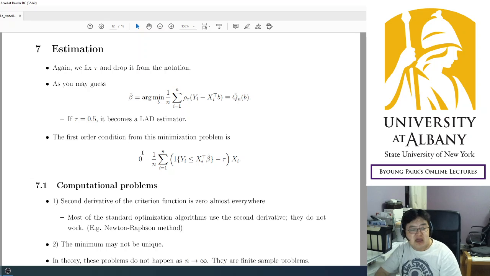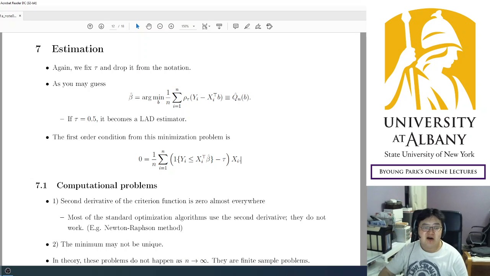So that means there are a lot of flat areas. That means the second derivative of this first order condition, the second derivative of the criterion function, is 0 almost everywhere because it's flat. It's stair like this. So it causes a big problem.